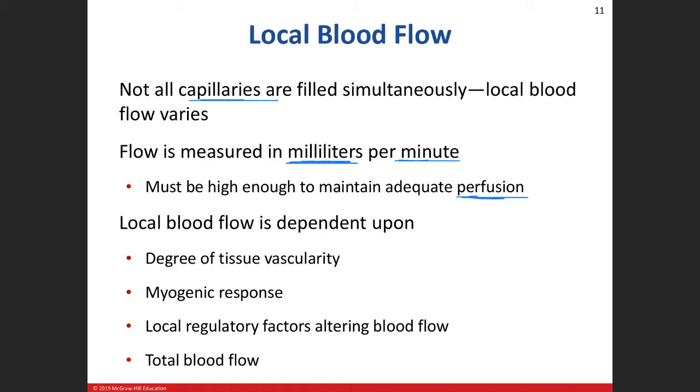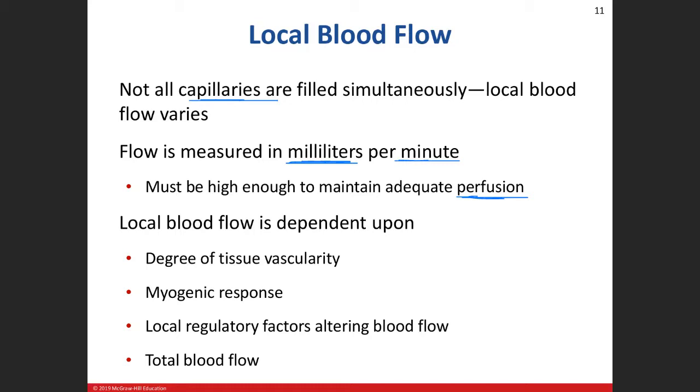Think of the paper towel as the tissue. So that's what we're talking about when we're talking about blood flow. We want to perfuse that tissue with enough of a volume of blood to satisfy the metabolic requirements of that tissue, because if we don't, that tissue could die or become damaged.